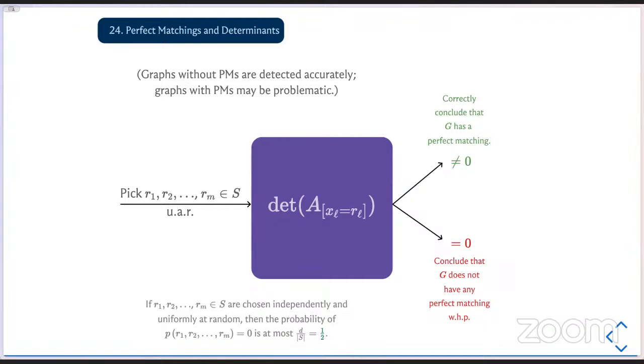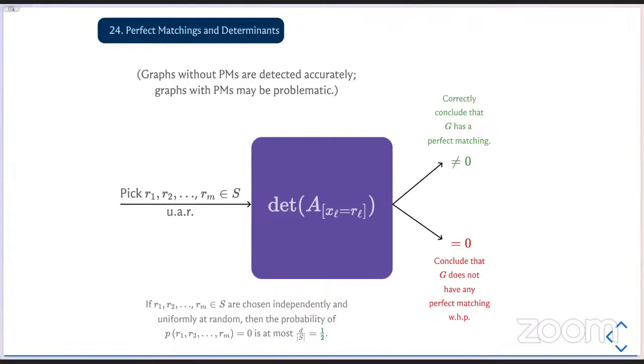Because if you don't have a perfect matching, there's no way that you will manifest a random point at which the polynomial is non-zero. If the graph doesn't have a perfect matching, you're always saying no. But on the other hand, if the graph does have a perfect matching, you might miss it if you end up hitting a root. And Schwartz-Zippel reassures you that that doesn't happen too often.